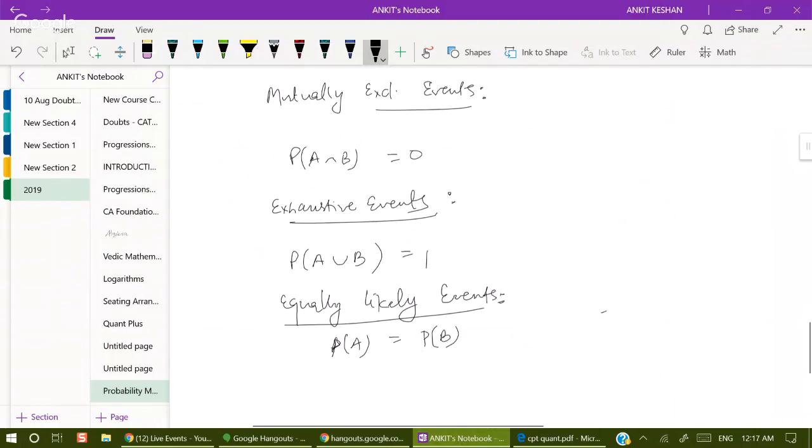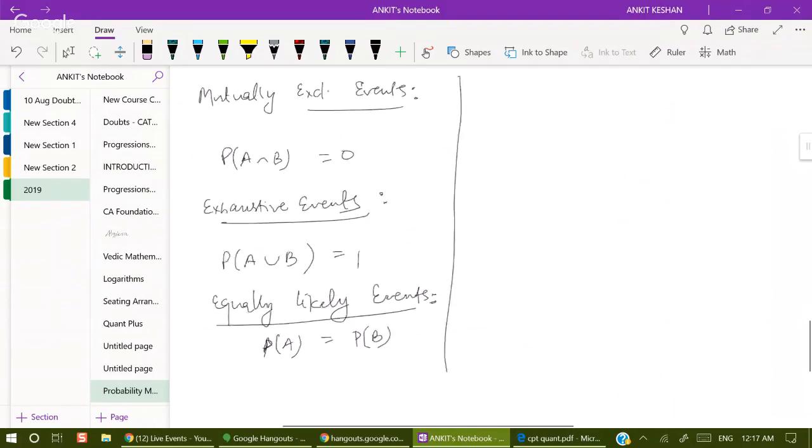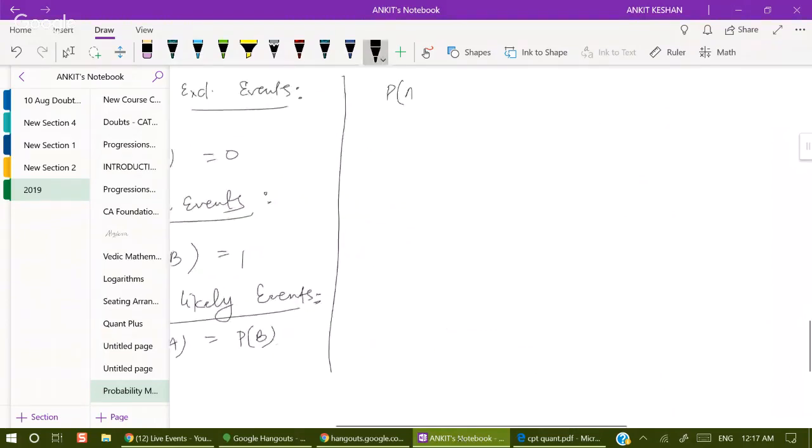Now we have the addition theorem. The addition theorem holds for any kinds of events, it doesn't matter: P(A union B) is equal to the probability of A plus the probability of B minus the probability of both together, that means the intersection. This is the addition theorem.